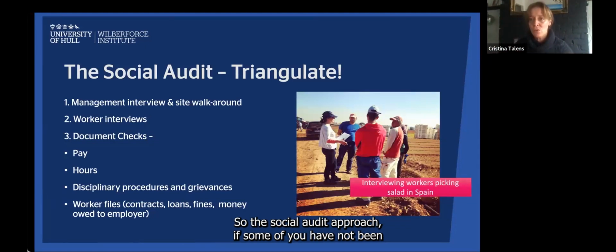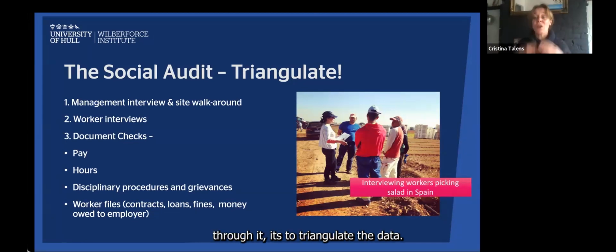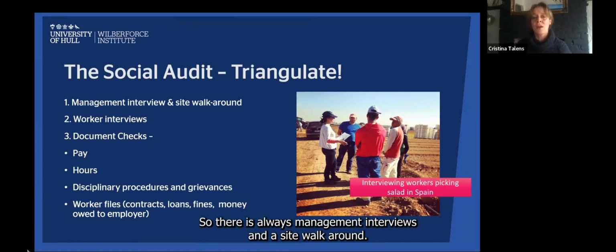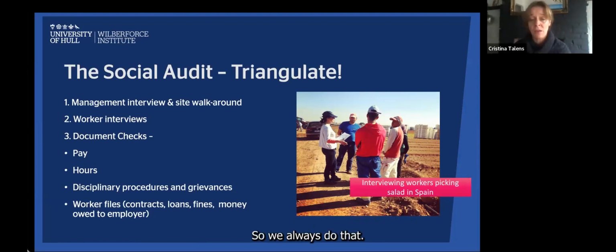So the social audit approach, if some of you have not been through it, is to triangulate the data. There is always a management interview and a site walk around. So we always do that.